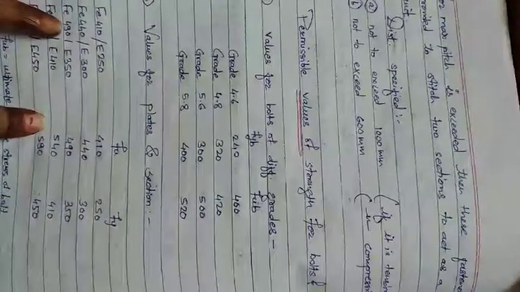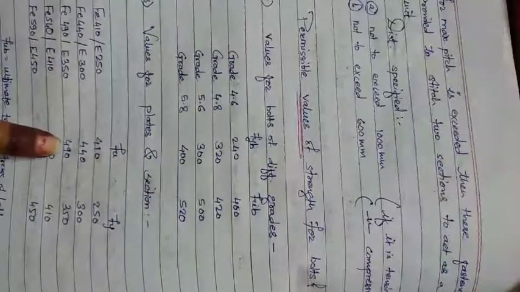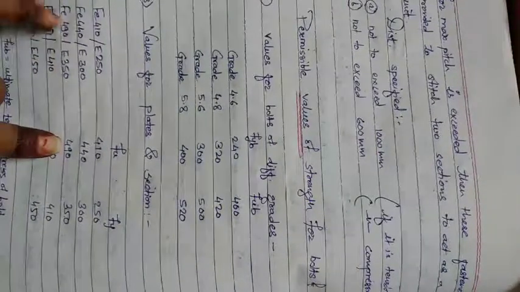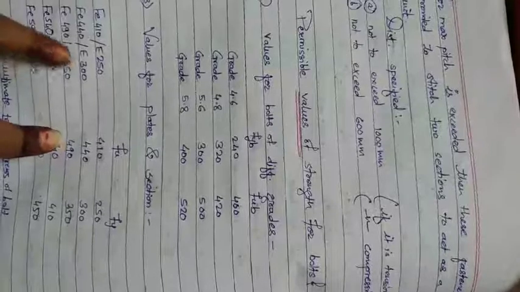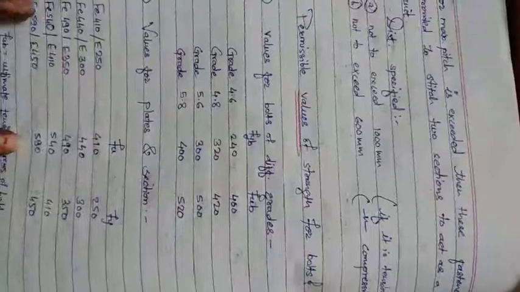Similarly, for FE490, FU value is 490, that is the grade of the plate, and E350 is the yield stress of that plate in Newton per mm square.